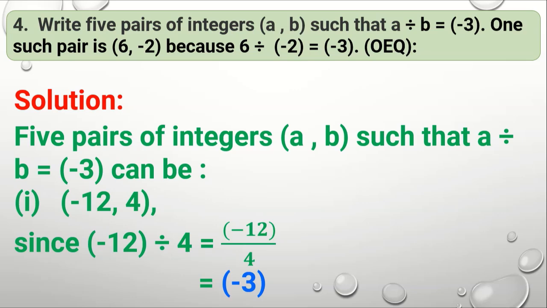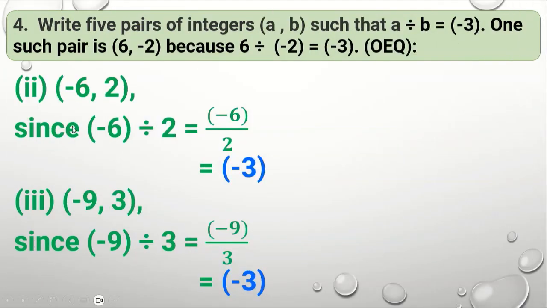So let's see the 5 pairs. So first is minus 12 and 4. So minus 12 divided by 4 will become minus 3. Next pair is minus 6 and 2. So minus 6 divided by 2 will become minus 3. Next is minus 9 and 3.